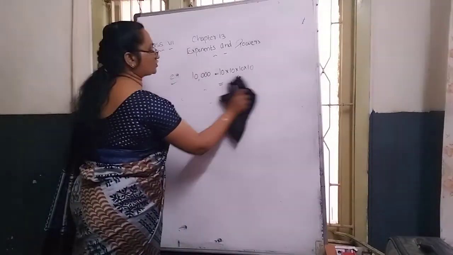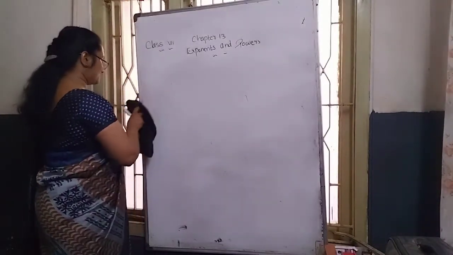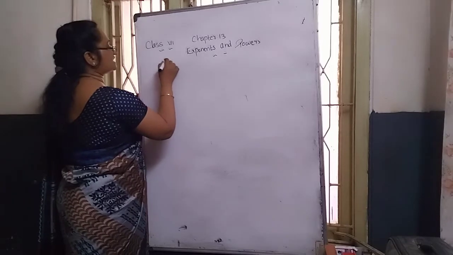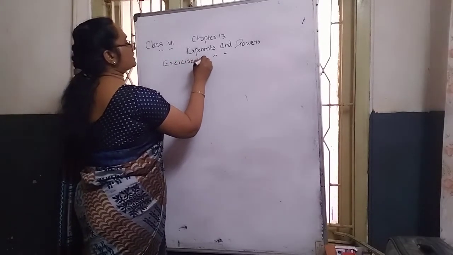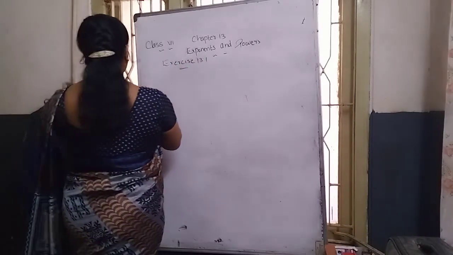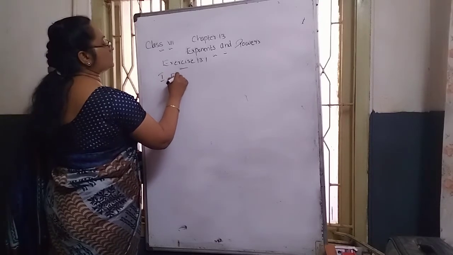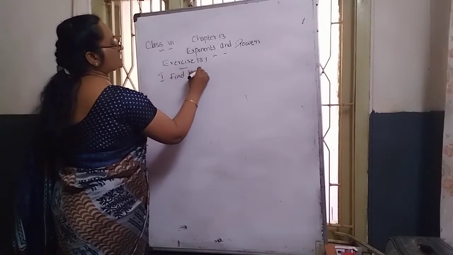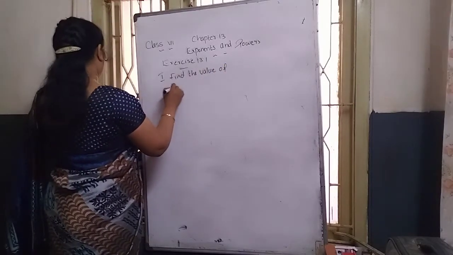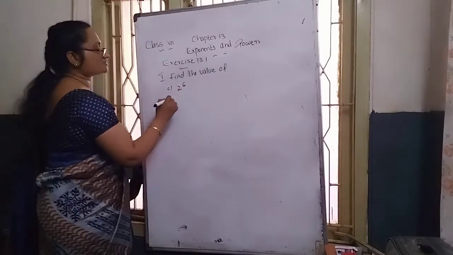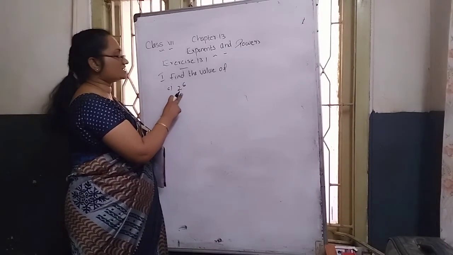Using this we are going to learn about Exercise 13.1. Some questions are there related to this chapter. In Exercise 13.1, the first question says find the value of 2 raised to 6. In this question, what is the base? 2 is the base.